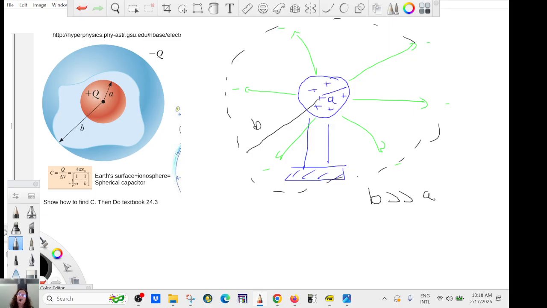So can you find the capacitance when B is so big? That means C equals 4 pi epsilon 0 times the quantity with B. Which one is big? B is big, so that goes away. 1 over very big, 1 over infinity is 0.